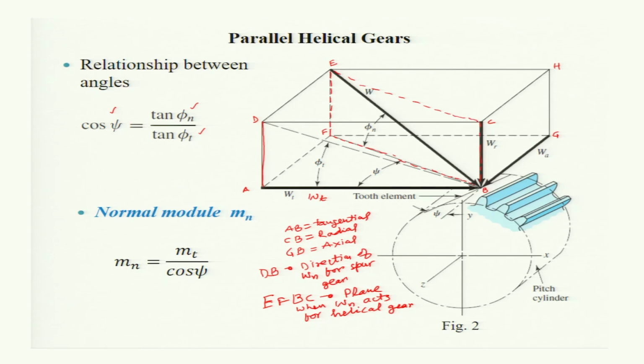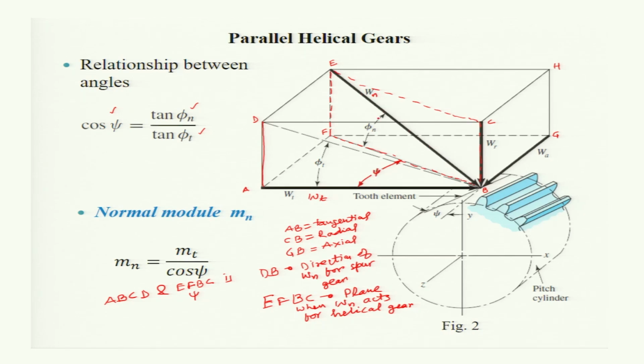And the angle between plane ABCD and plane EFBC is psi, and that is shown here. This is psi. Okay, this is the Wn for the case of helical gear.